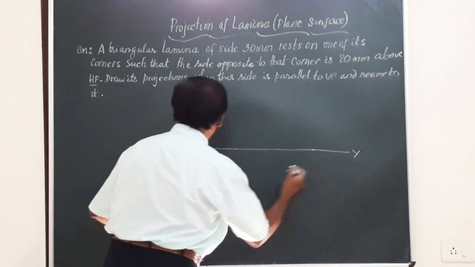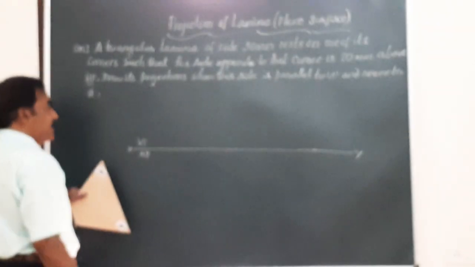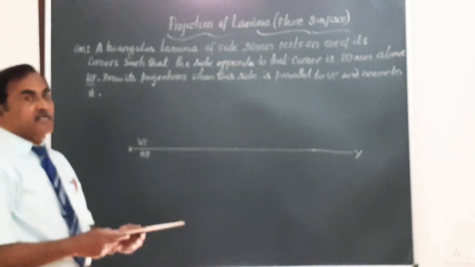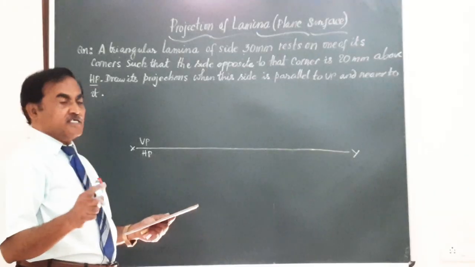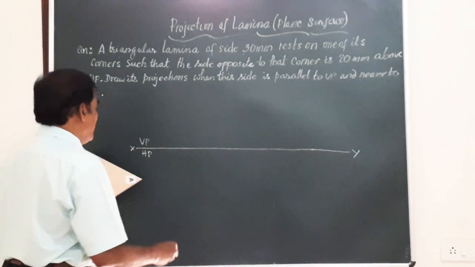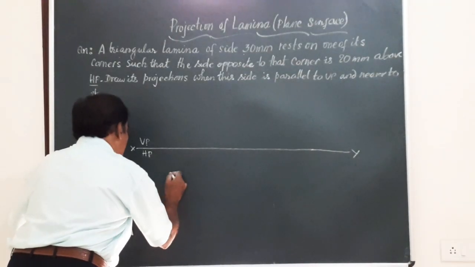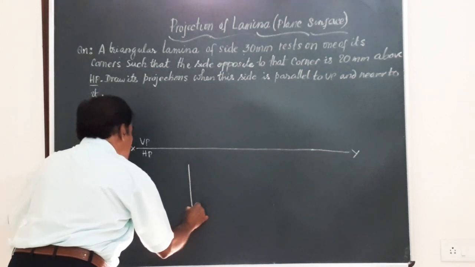This is XY, VP and HP I mark, VP above XY, HP below that, indicating first angle projection, and I draw an equilateral triangle ABC with corner marked to the left. So, let me construct here an equilateral triangle ABC.